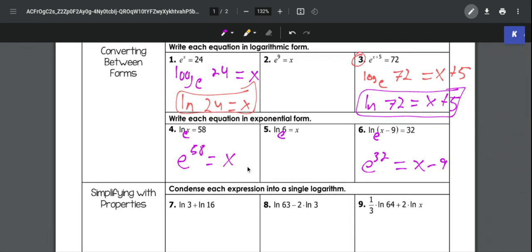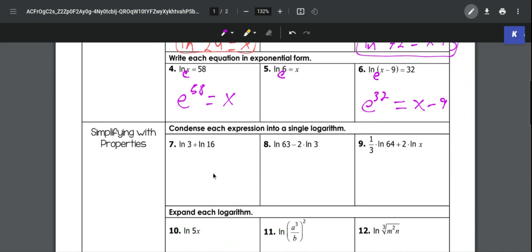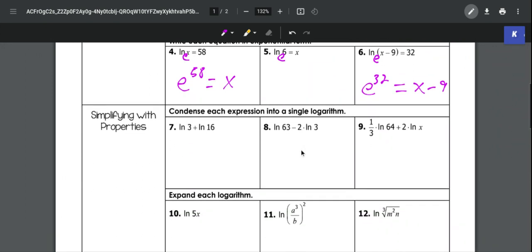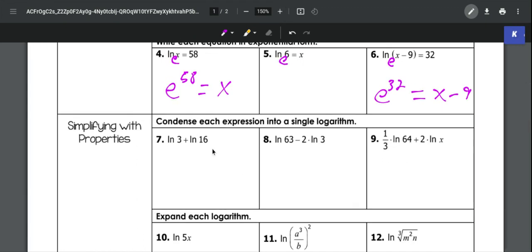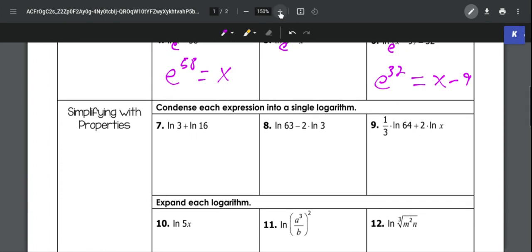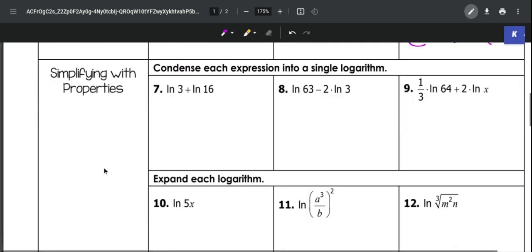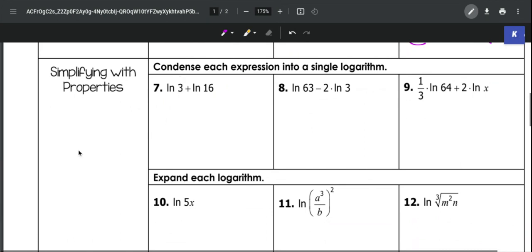I think the condensing and expanding for these are the exact same as when we just have normal logarithms. So the actual natural log doesn't change anything for you. So if we look at number 7, we've got natural log of 3 plus natural log of 16. If we want to condense this, we'll just condense it into one natural log.